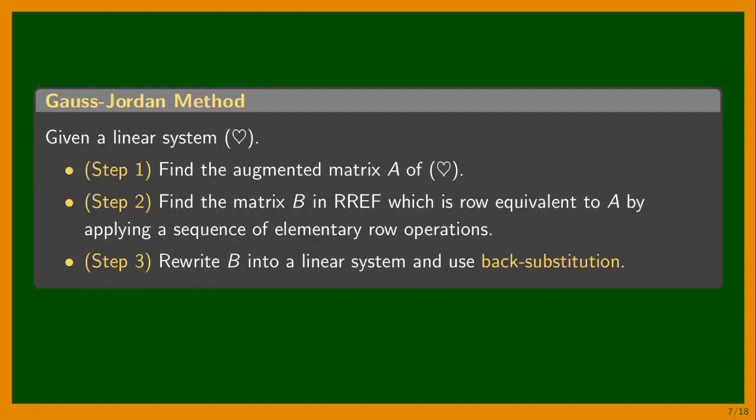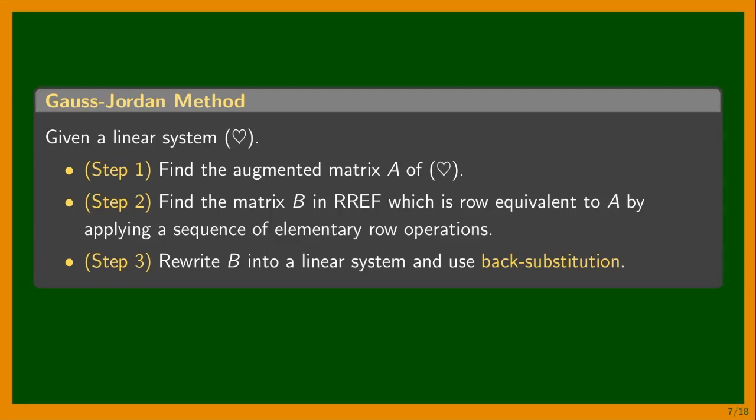Therefore, we have the following method known as the Gauss-Jordan method. To perform the Gauss-Jordan method, we first set up the augmented matrix of the linear system. Next, we reduce the matrix A to its RREF, or we find the matrix B in RREF that is row equivalent to A. How do we do this?